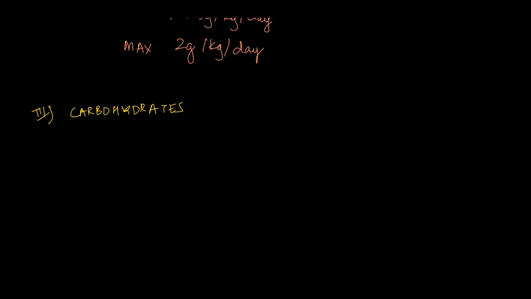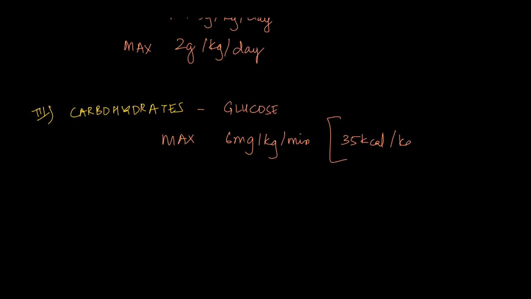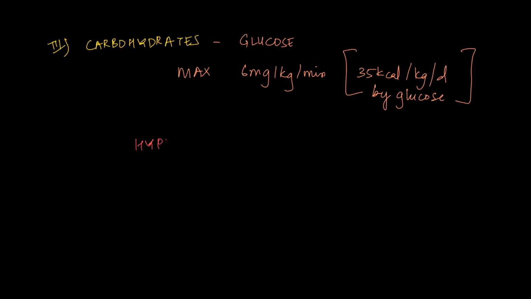So the preferred source of carbohydrates is glucose, and the maximum capacity to oxidize glucose is 6 mg per kg per minute, which accounts to 35 kilocalories per kg per day by glucose. So we should not exceed this rate, as exceeding this would lead to certain complications like hyperglycemia, fatty liver.